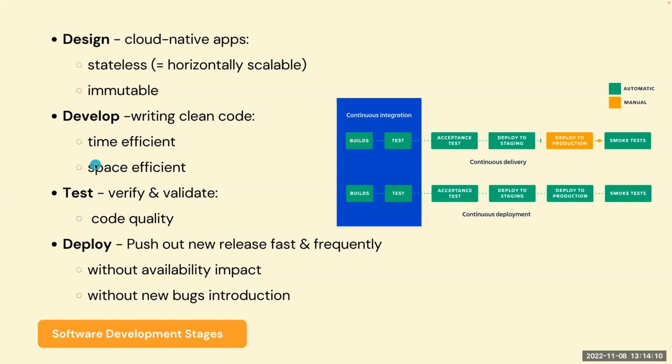And the next step is the testing stage, where you verify and validate before deploying to production. Usually you develop and deploy to development and staging, and then it goes to production.